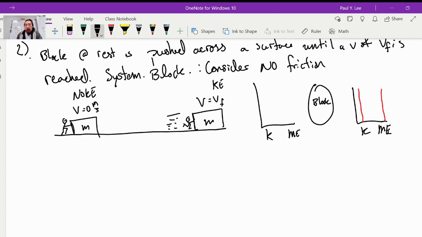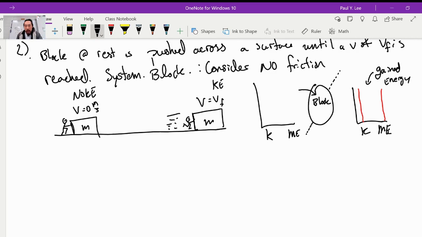So now comes our formula. Actually, before the formula, let's do that dotted line. And now we have to think. In order for the system to gain energy, because here it gained energy, right? Because it went from no energy to some energy, we must have put energy into the system.